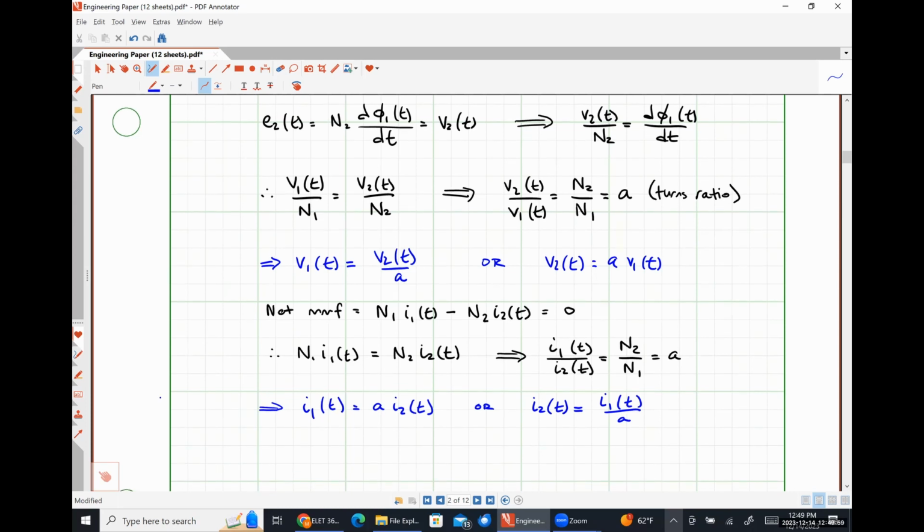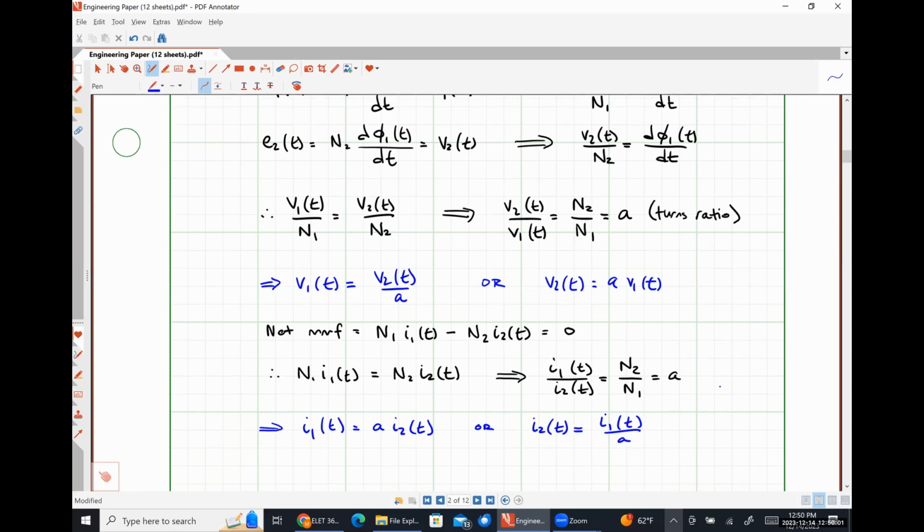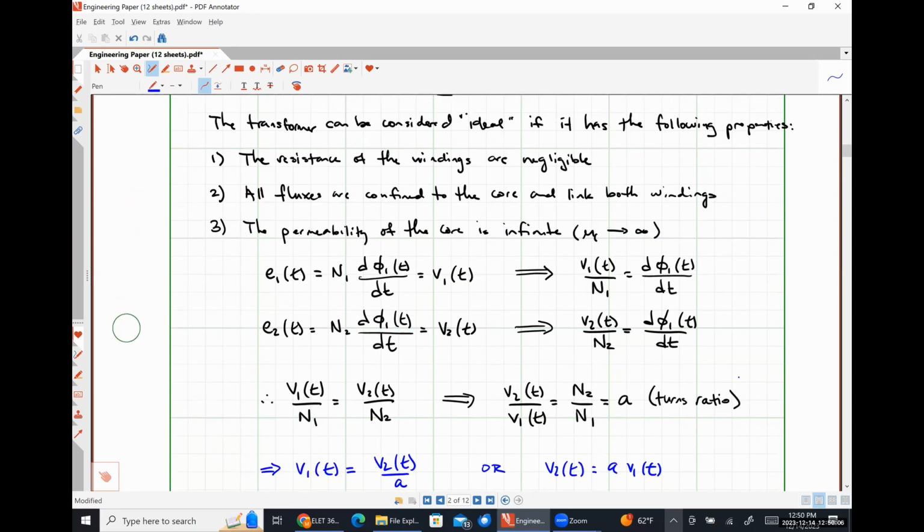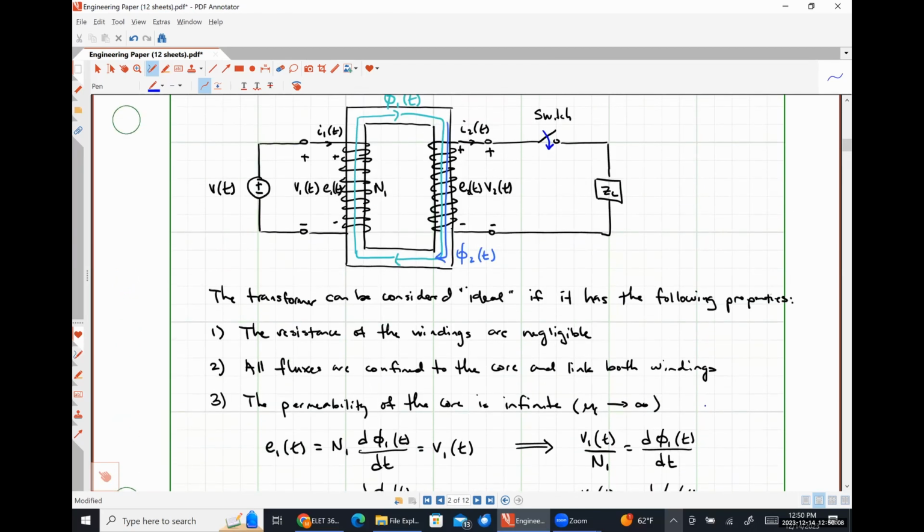So now, let's look briefly here at power. My current I1 is flowing into the positive polarity terminal of my induced voltage E1, right?